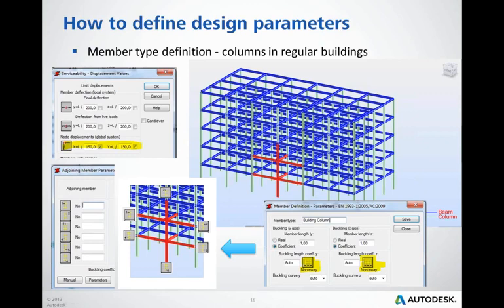First of all, the adjoining elements should be defined in the planes, in the local planes of the designed column. So if you have beams at 45 degrees compared to the directions of web or flanges of this I column, that's not going to work.